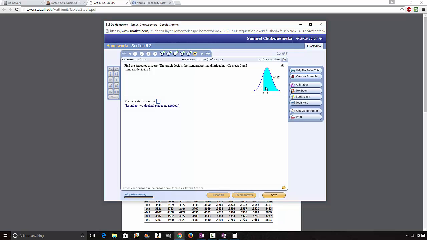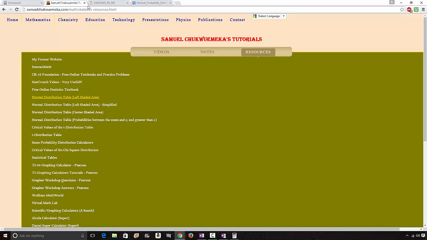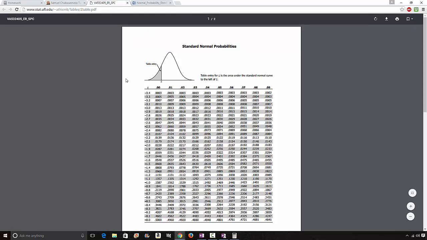because we don't have the table that gave us area to the right. We do have it though, but we don't want to use it. It's in these resources, but like we said in the first video, this is the table that we will be using.